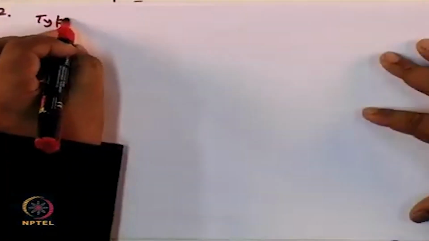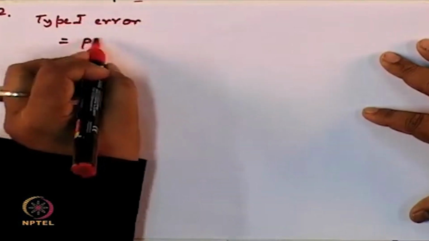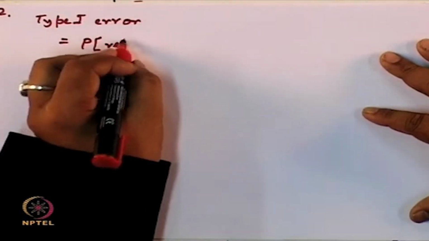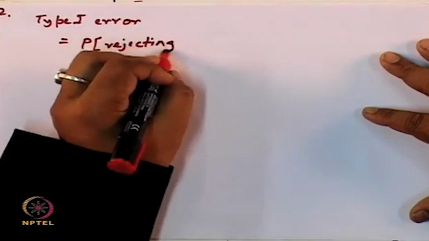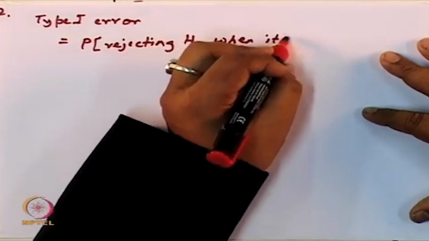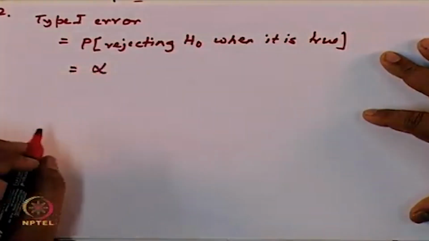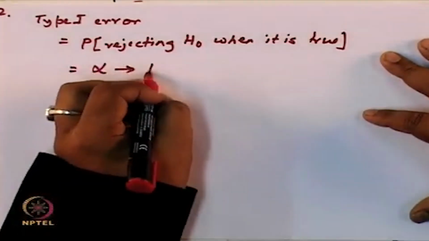Now, yesterday, while testing hypotheses, we discussed the possibility of two types of errors which can come up. You have a type 1 error, which is the probability of rejecting H naught when it is true, and this is nothing but this alpha, and this you prescribe.